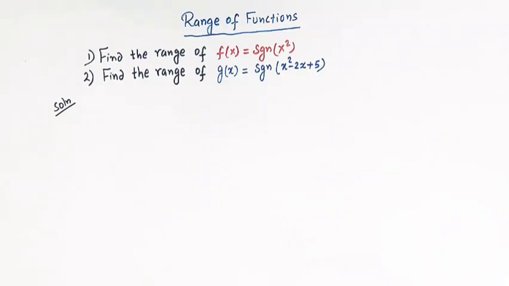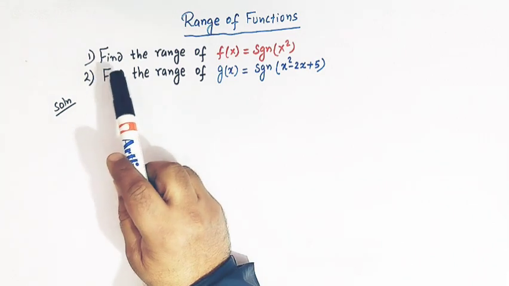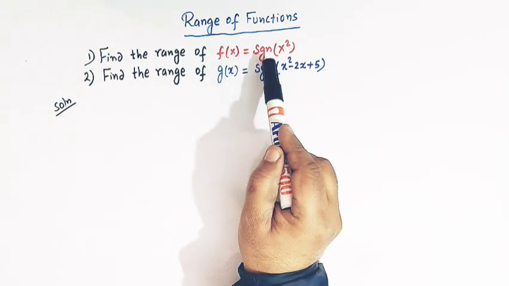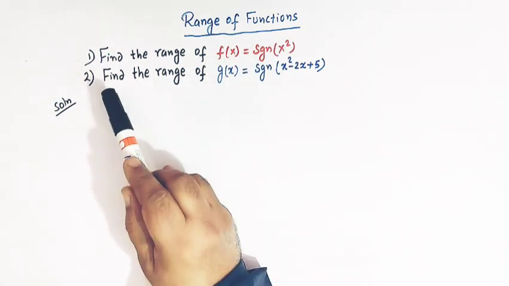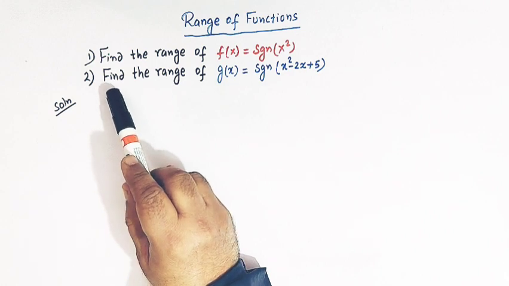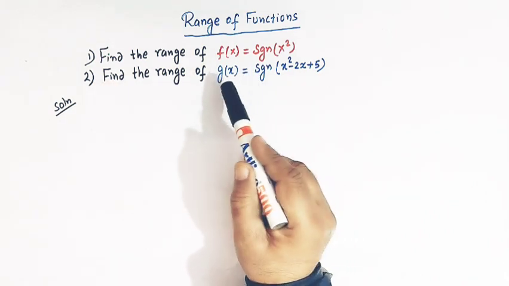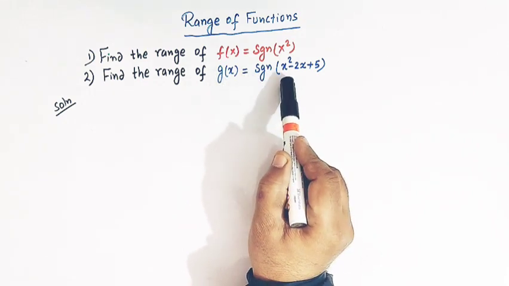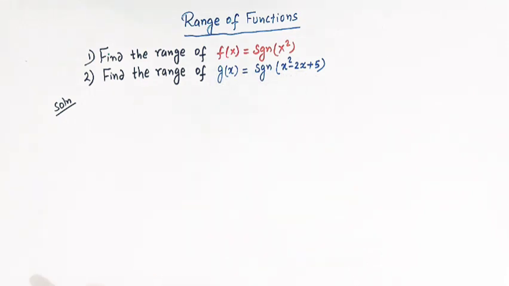Hello viewers, in today's class we are going to discuss two very important problems from range of functions. In this lecture we'll see how to find the range of the function f(x) equal to signum of x square, and in the second problem we have to find the range of the function g(x), which is equal to signum of x square minus 2x plus 5.